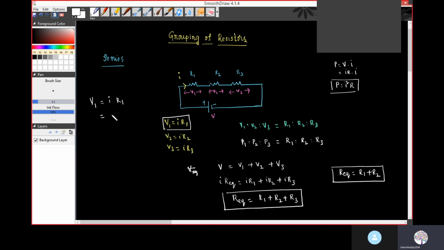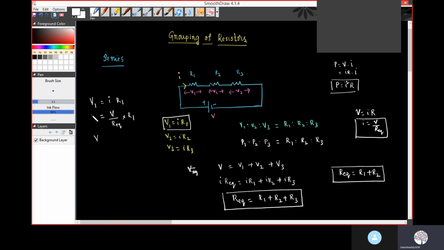I is from Ohm's law, V is equal to IR, so I is equal to V by R equivalent. Here, total, so I is equal to V by R equivalent, into R1.